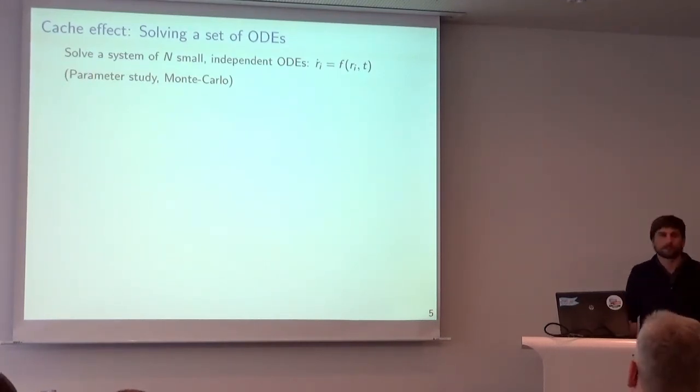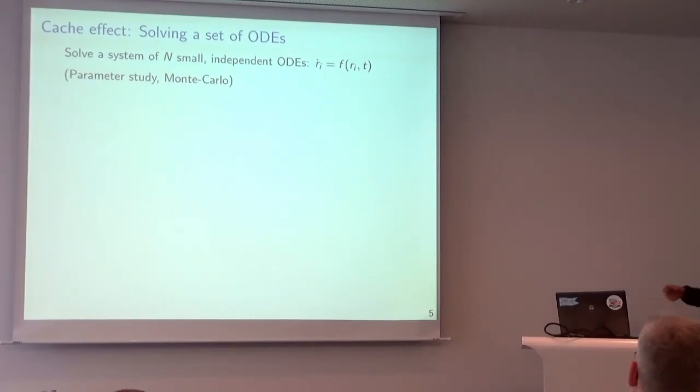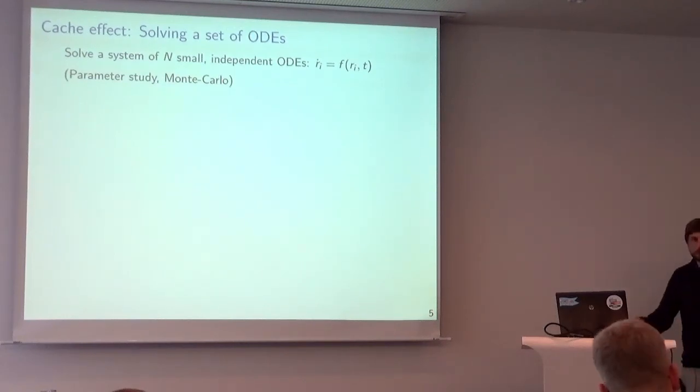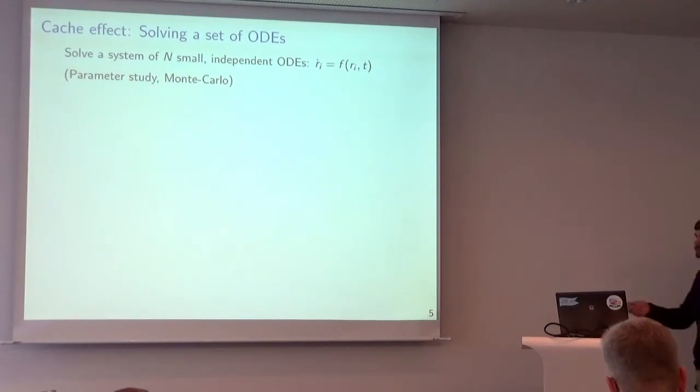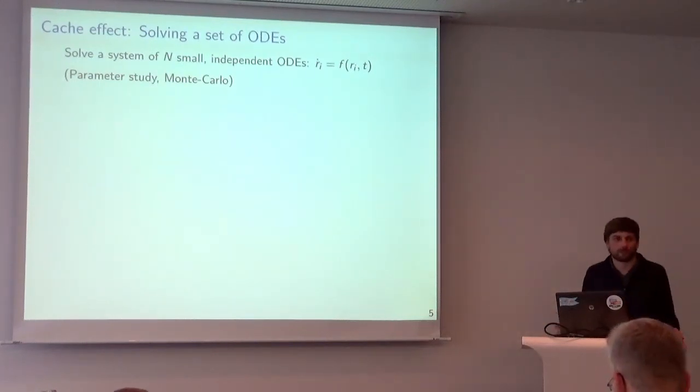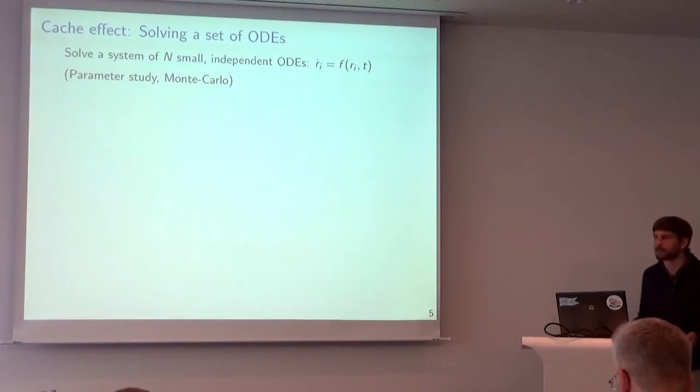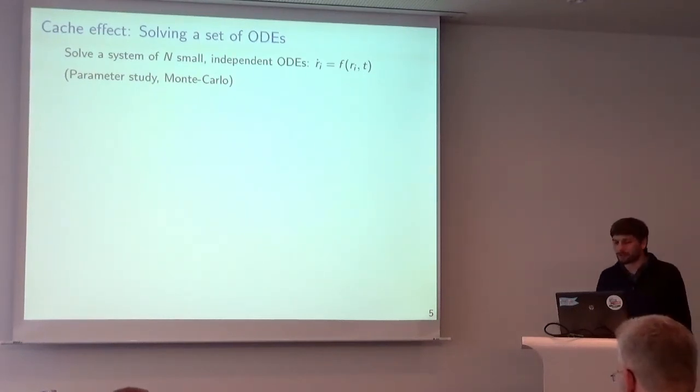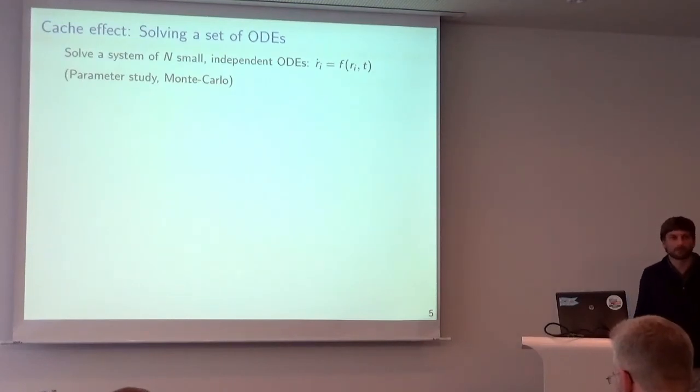Because, for example, you want to do a parameter study, so you change one parameter and you want to know, for 1 million parameter values, what changes when you change this parameter. Or you have different initial conditions and you want to understand how this affects your trajectory. These are also realistic questions that we ask in physics, not for pendulums, obviously, but for some more difficult problems, where this is not trivial to answer.